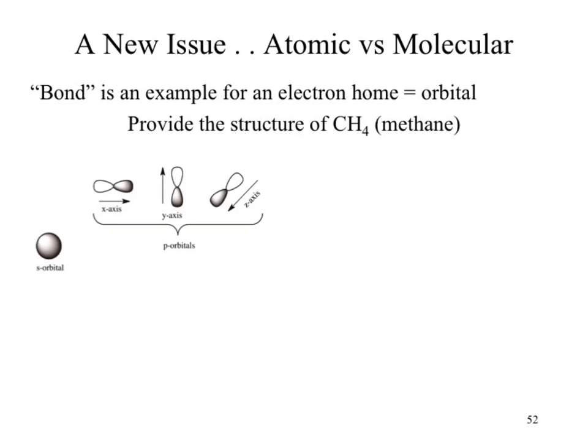A bond is an example of an electron home. The electrons exist between those atoms. If we look at atomic structure, we can define where our protons exist, which is the nucleus, and where our electrons exist: the outer shells are orbitals outside the nucleus.